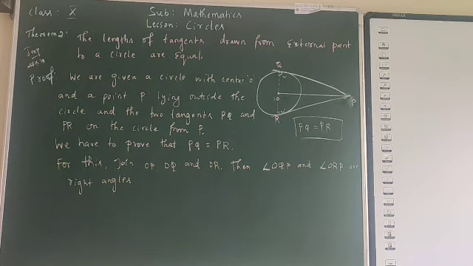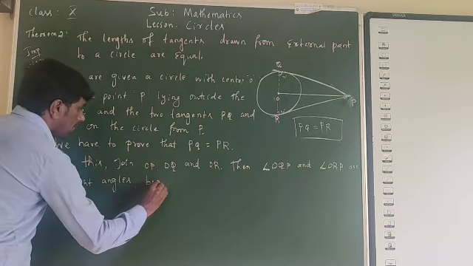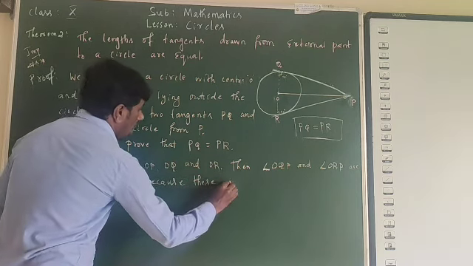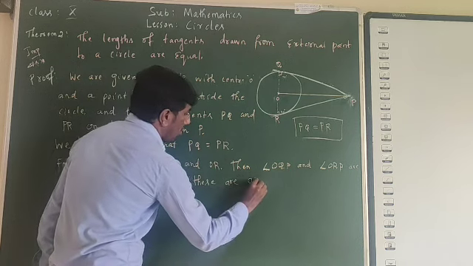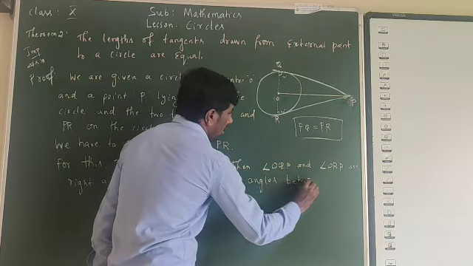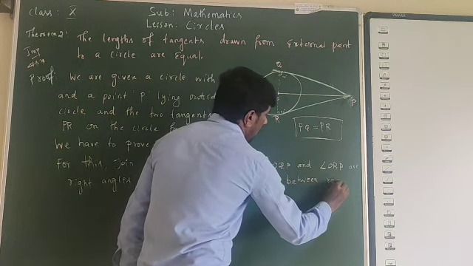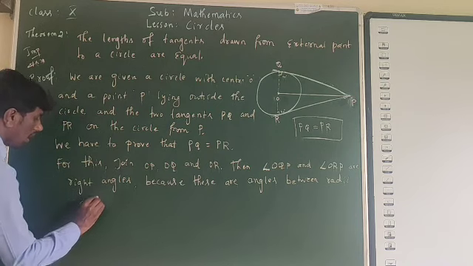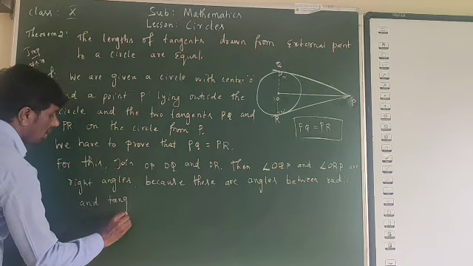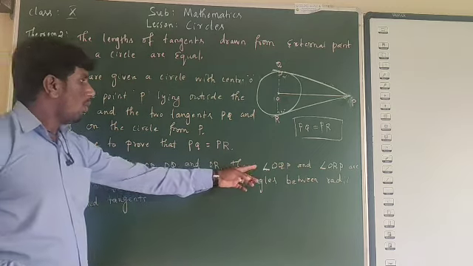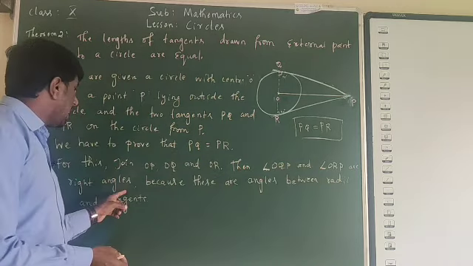The reason is that these are angles between radii and tangents. Clear? So why are OQP and ORP right angles?